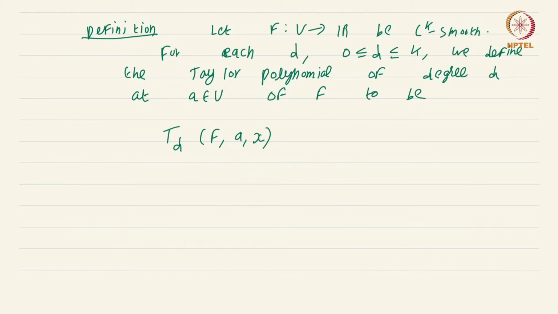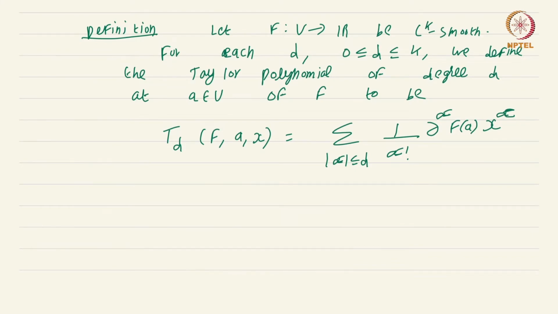This is just the summation over |α| ≤ d of 1 by α factorial ∂^α f at the point a times (x − a)^α.